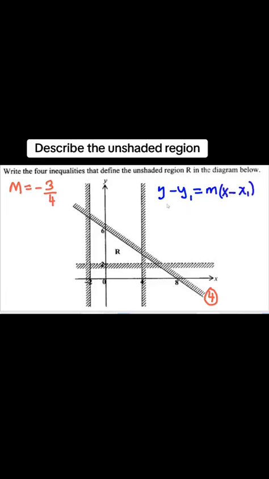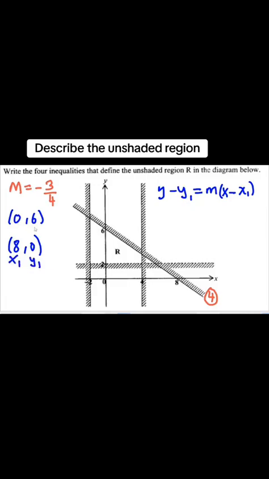Here on y1 and x1, remember we came up with the coordinates. We came up with 0, 6. Then we also have the other coordinate, which is 8, 0. From these coordinates, you can pick any coordinates. So let's say we pick this one. If you pick this one, we say this will be our x1 and this will be our y1.